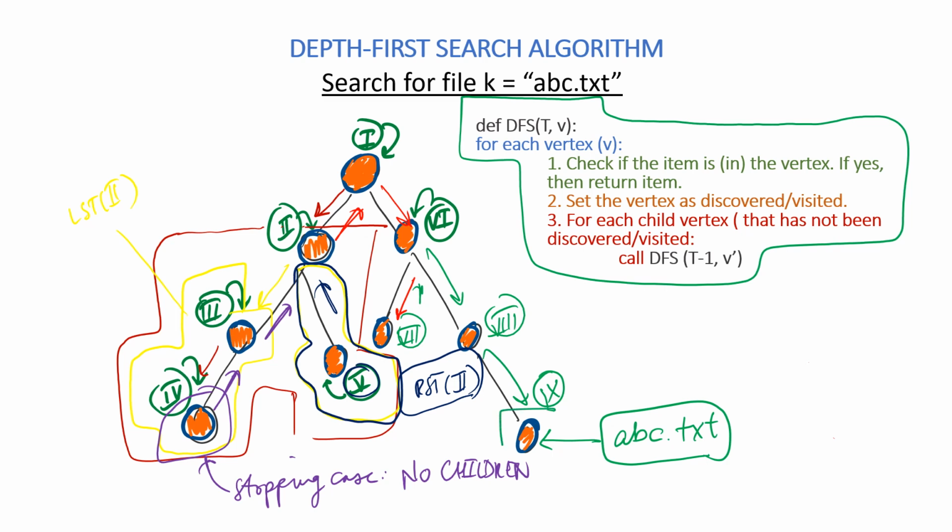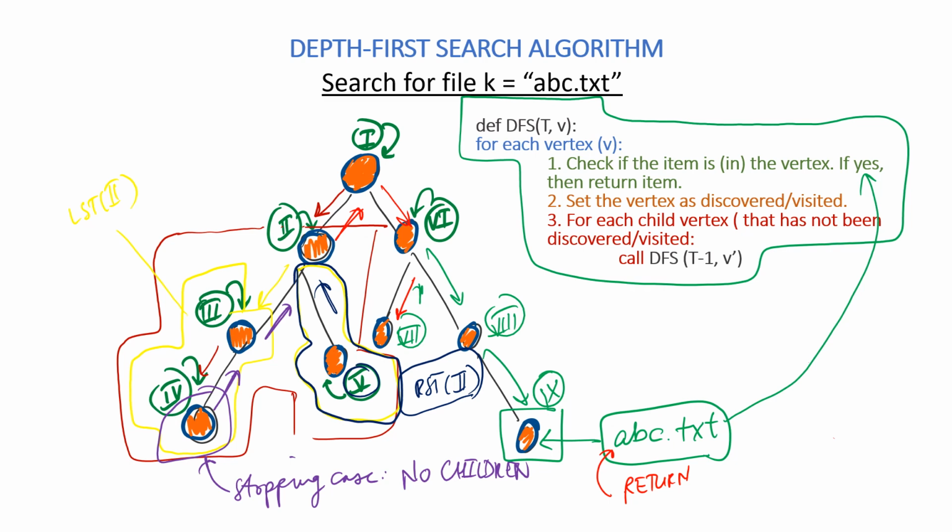Finally, when I do reach vertex number 9, I do find this condition to be true. The item is in the vertex, so I will return it. So I return this item back.